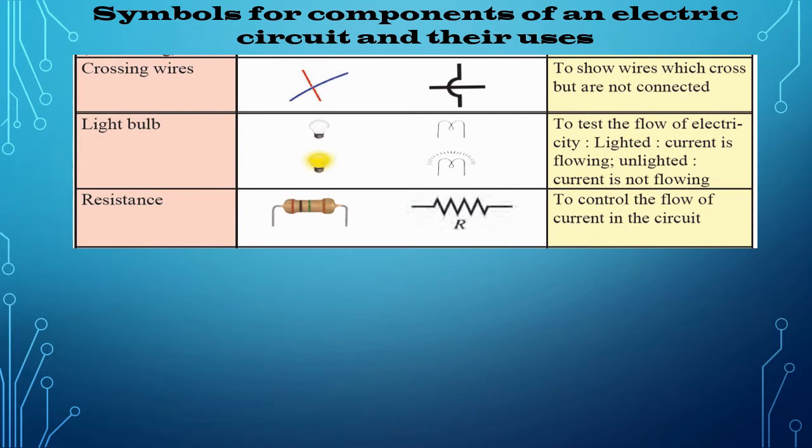Symbol of the resistance is represented by zigzag lines between two terminals. Resistance is used to control the flow of current in the circuit.